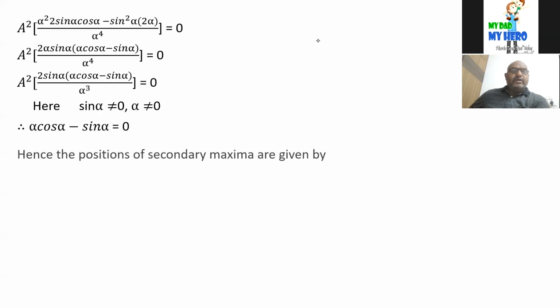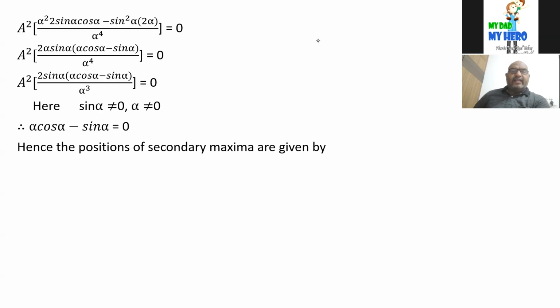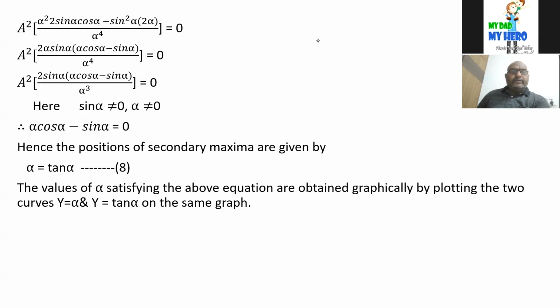That is A square is not equal to 0, so either sin alpha is equal to 0, or alpha cos alpha minus sin alpha is equal to 0, with alpha not equal to 0. Hence the position of the secondary maxima is given by alpha is equal to tan alpha. The graph of y is equal to alpha and y is equal to tan alpha is as shown in the figure.